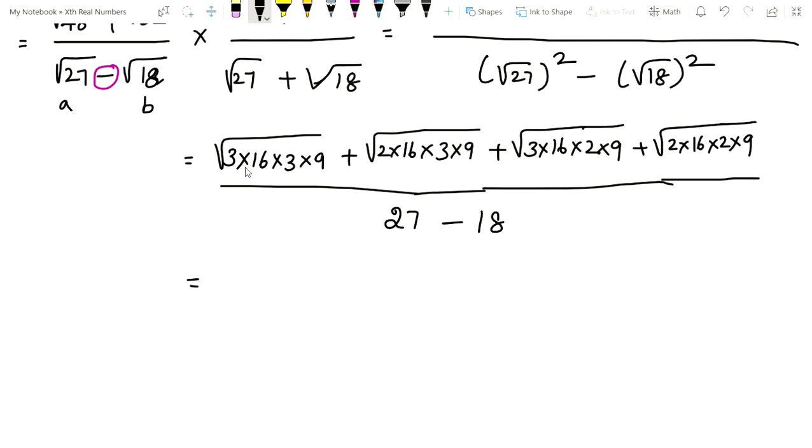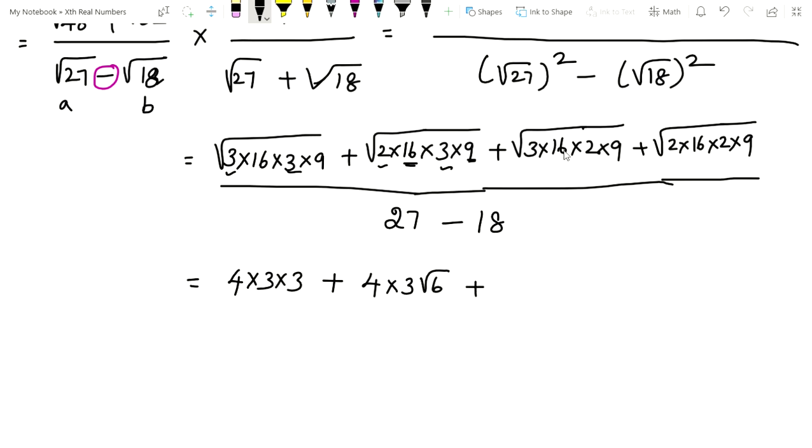See here, 16. Square root of 16, what is the answer, children? 4. Square root of 9, what is the answer? 3. And remaining, what is there? 3, 3. 2 3s are there. So one 3 you take out. Then plus, here 16: square root of 16, 4, into square root of 9, 3. And remaining, 2 and 3, so 2 3s are 6.